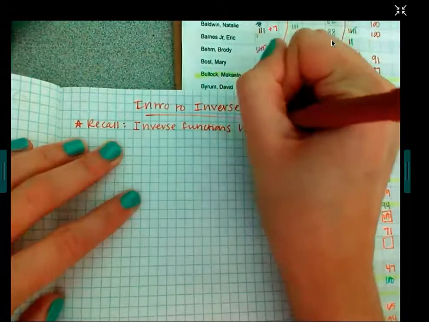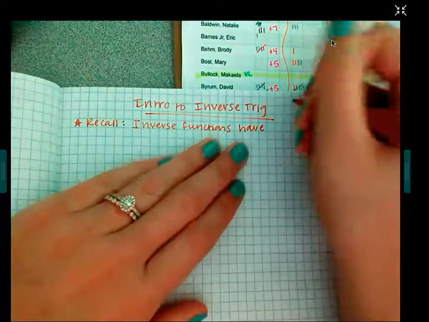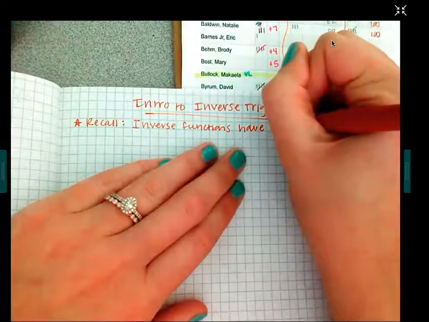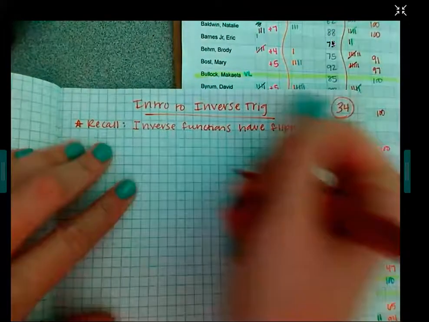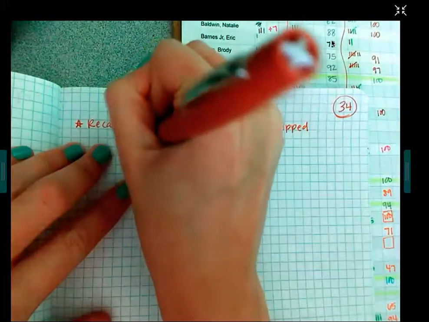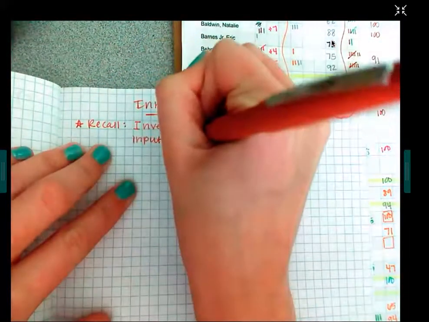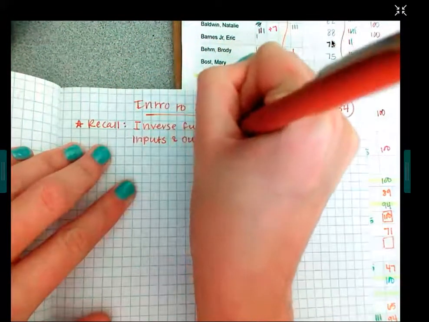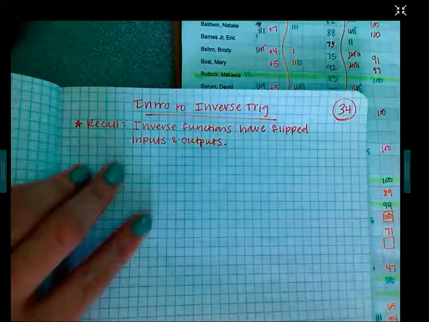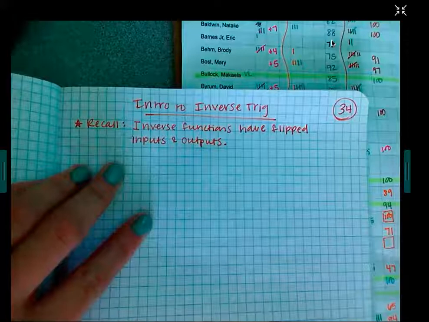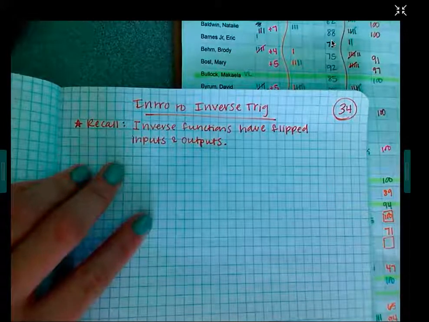Inverse functions have flipped inputs and outputs. So remember all the way back to unit 1, when we were finding inverses, I had you switch x and y, correct? Okay.